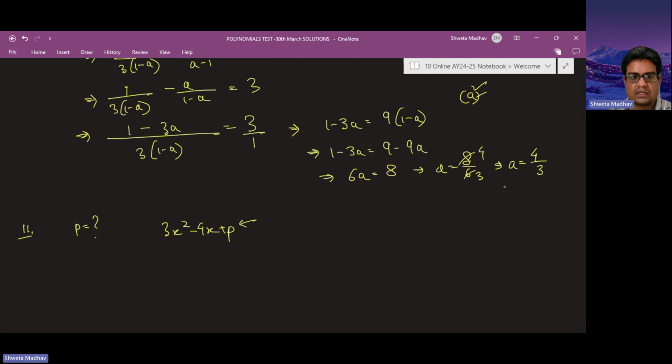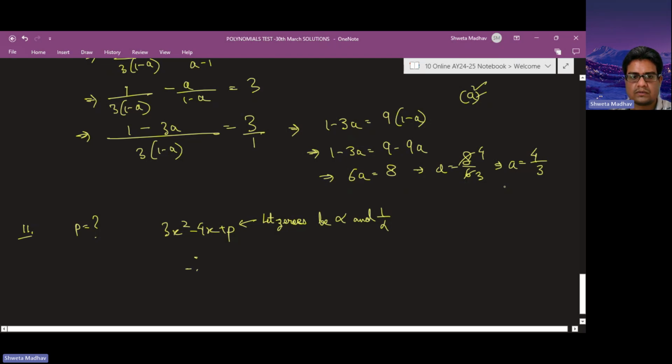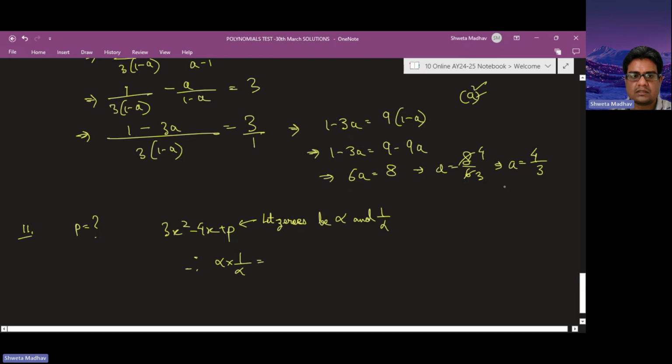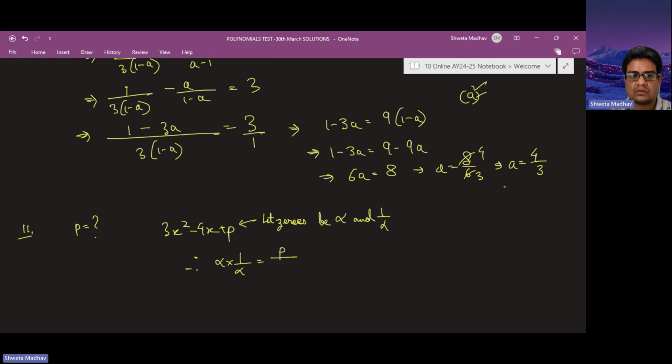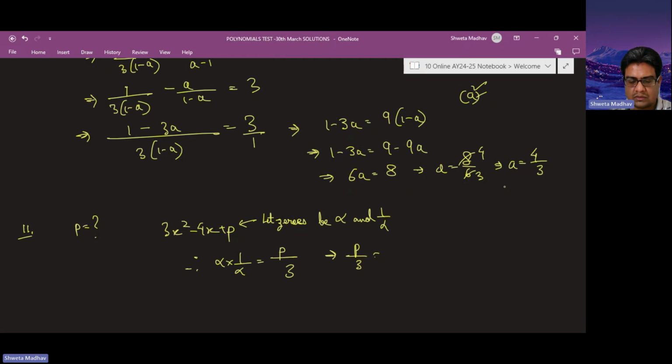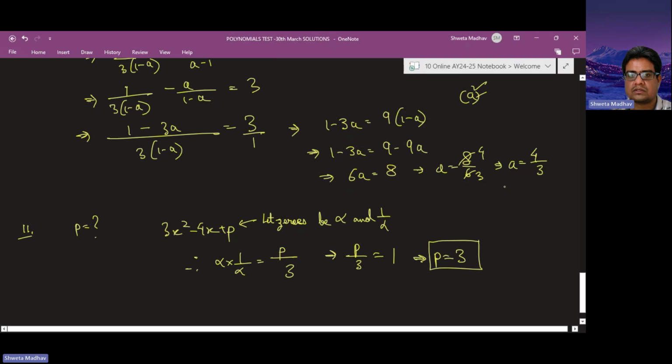So here, let's say the zeros we can take as alpha and 1 by alpha, since one zero is the reciprocal of the other. Now the product of the zeros, alpha into 1 by alpha, is equal to c by a. Here the constant term is p and the coefficient of x squared is 3. So p by 3 will be equal to 1. So therefore p will be equal to 3. So p equal to 3 is the answer.